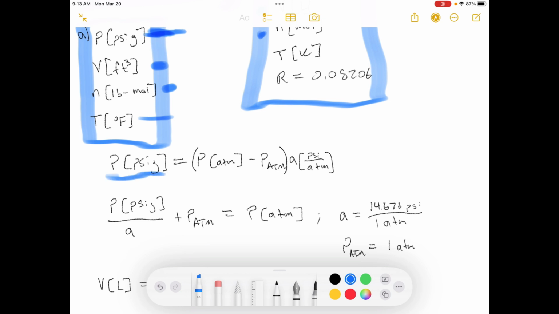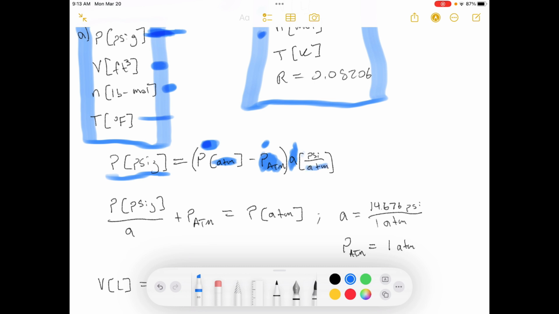So we know that the gauge pressure is equal to the absolute pressure minus the atmospheric pressure. Okay, so this is in units of atmospheres. This is the atmospheric pressure, so this would be 1 atm. And then this is a scaling factor, so we scale the psi into atm.